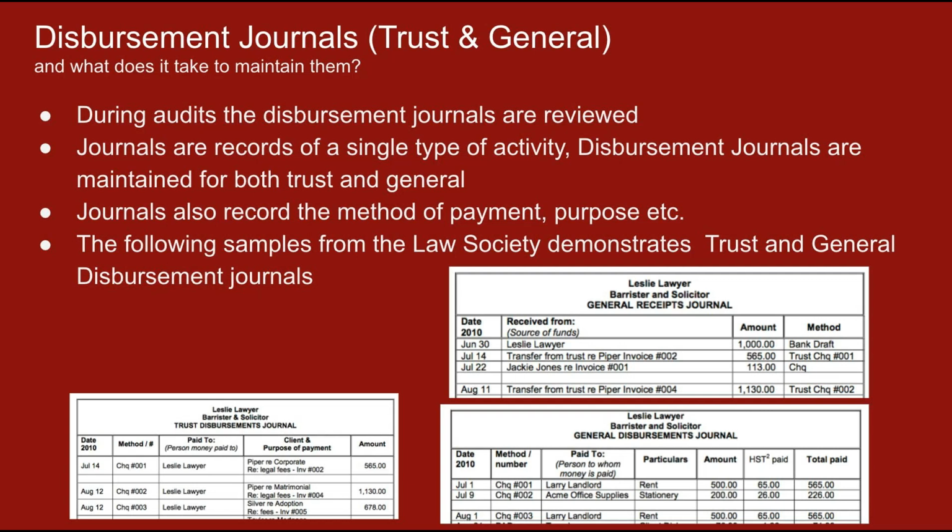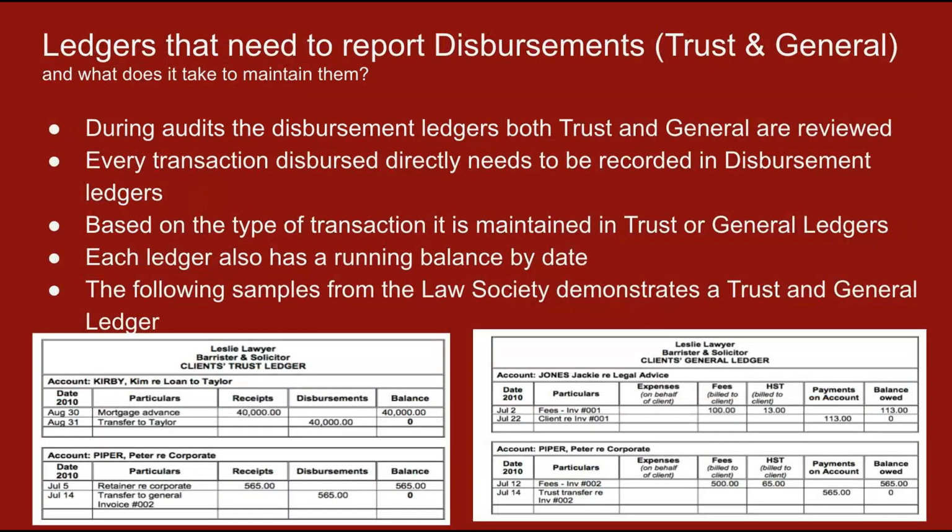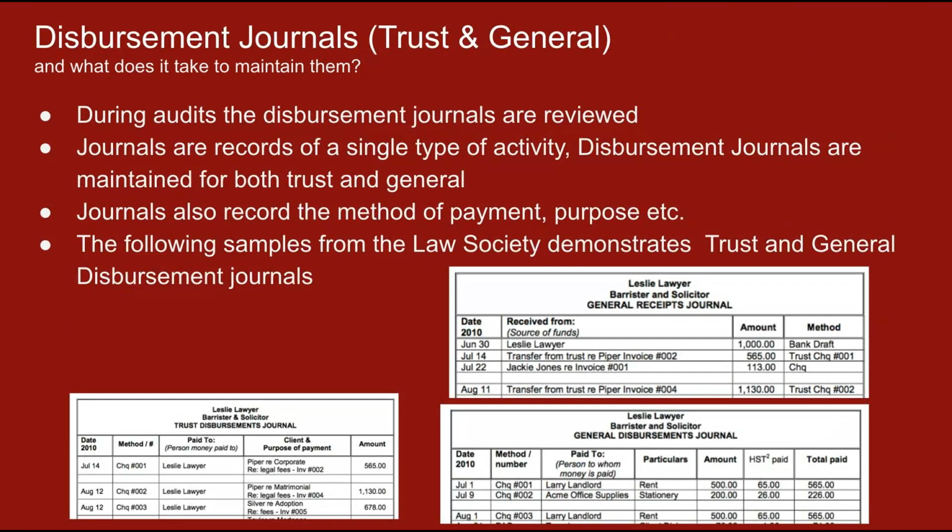Journals are more detailed than a ledger. If you look at it clearly here, a ledger has both receipts and disbursements, which means the money that has come in and gone out of trust and general respectively. When you take a journal, it is drilling down.